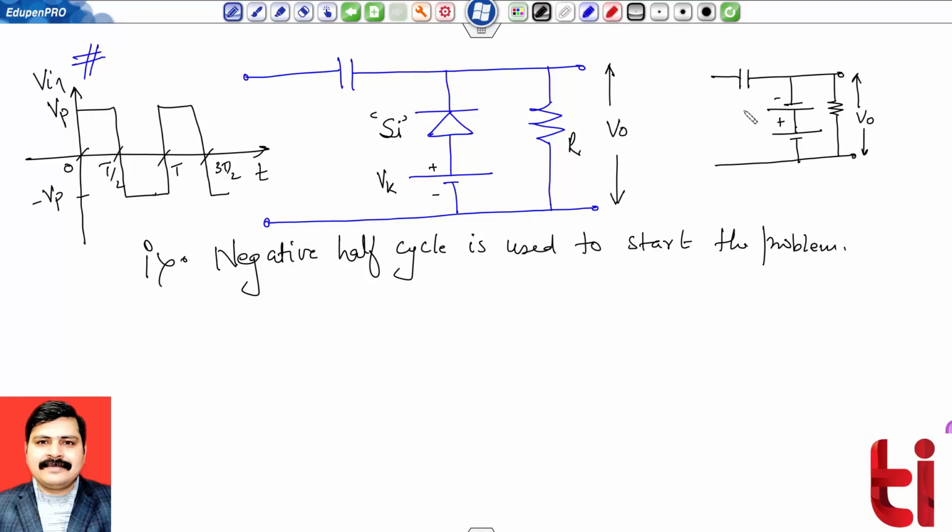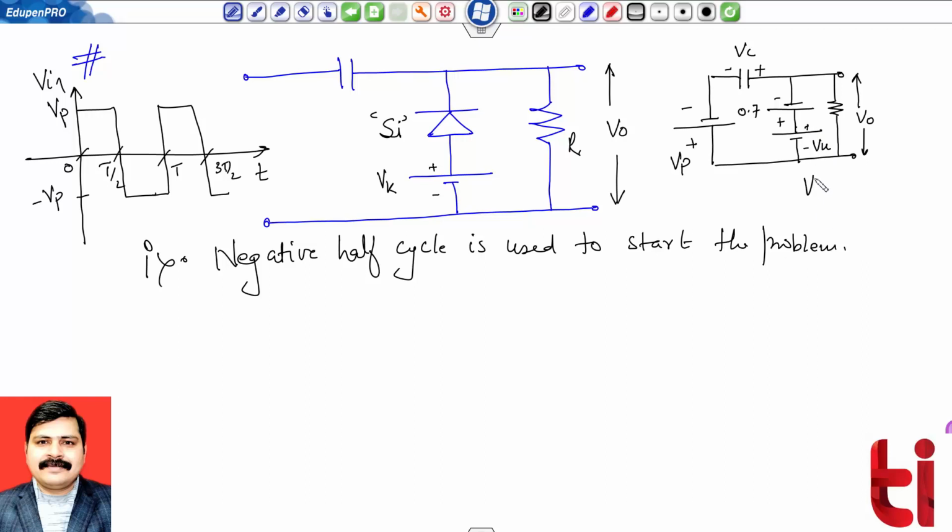The capacitor will charge with the same polarity, Vc, and this is my Vk.